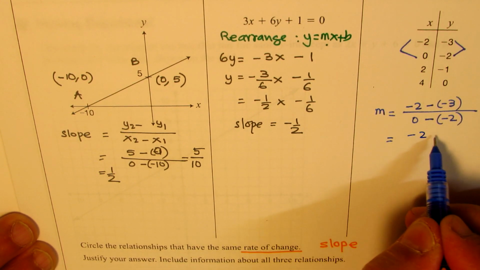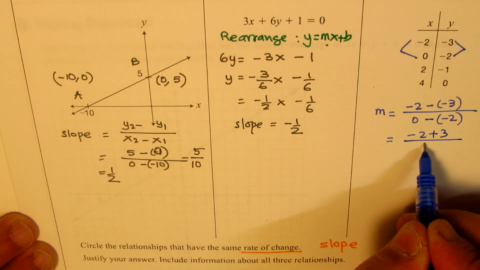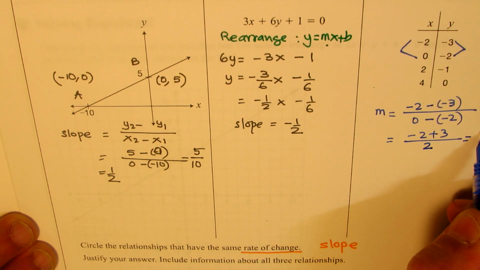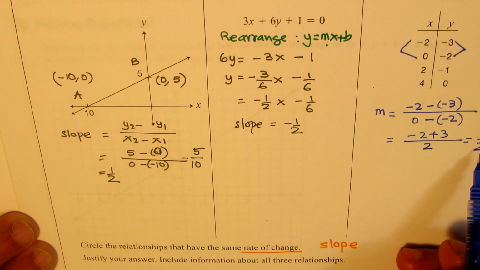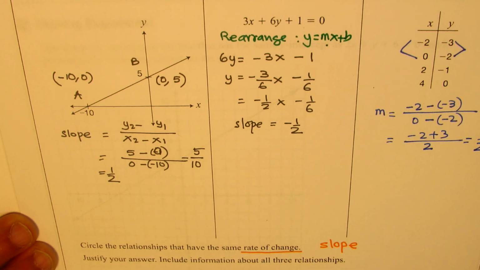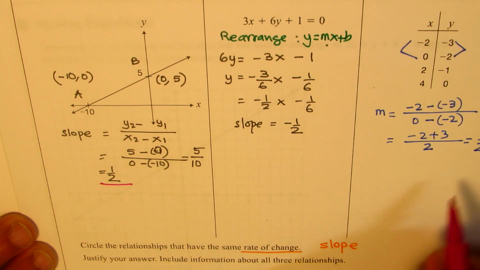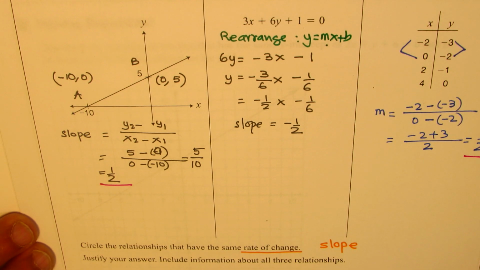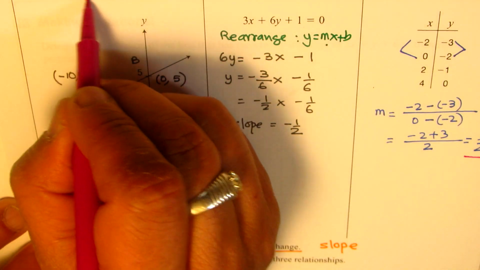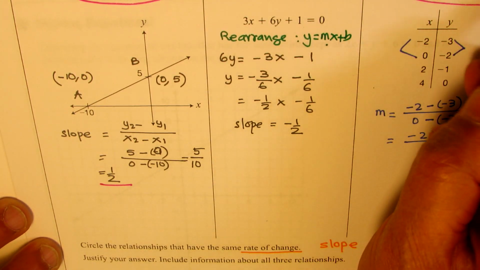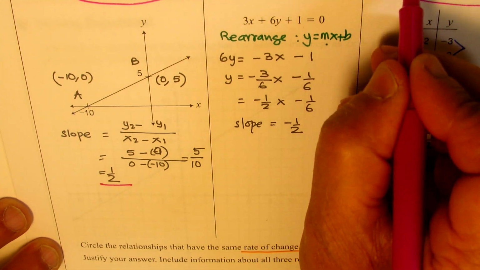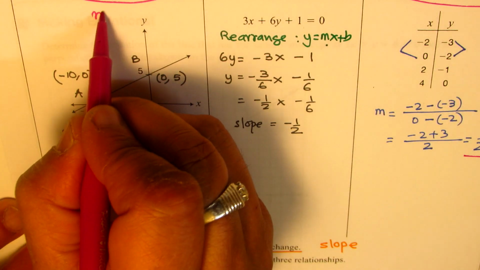So that is minus 2 plus 3 divided by 2, which is equal to half. So clearly you can see that the slope of the first relation and the last relation are exactly the same. So we can circle these two relations. They have the same slope, and the slope m is equal to half for both cases.